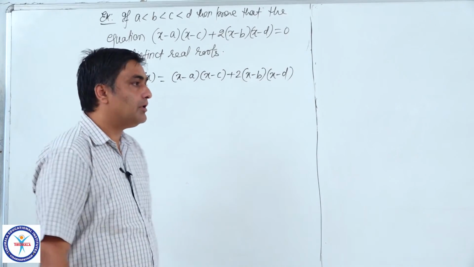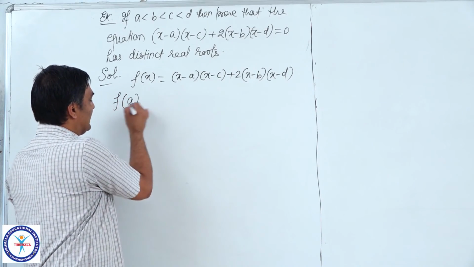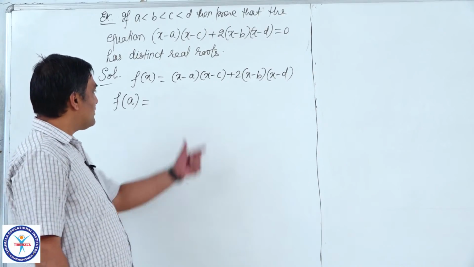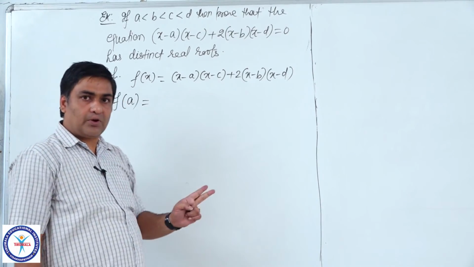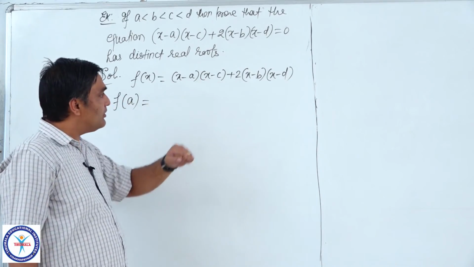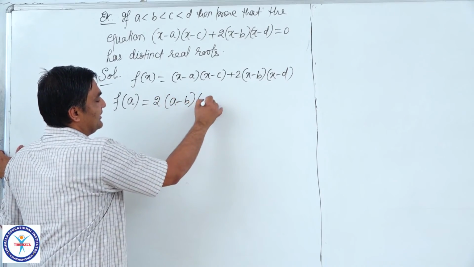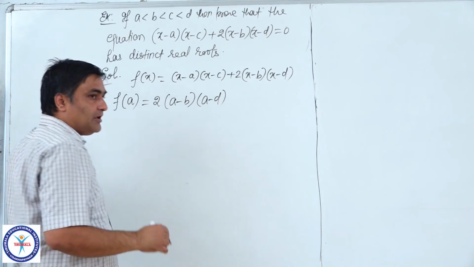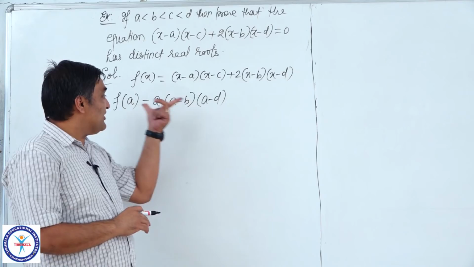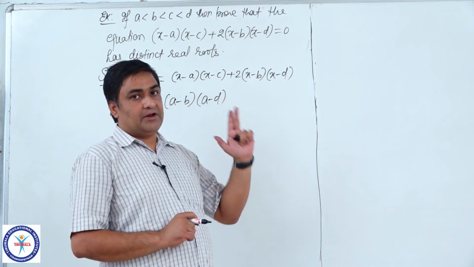Now, what is f of a? This is a quadratic equation. What is the value of f of a? This will be 0 plus 2 into (a minus b)(a minus d). Now, can we decide whether this value is positive or negative?